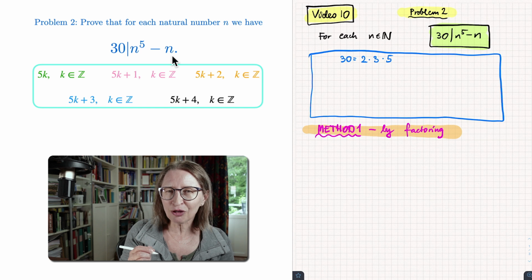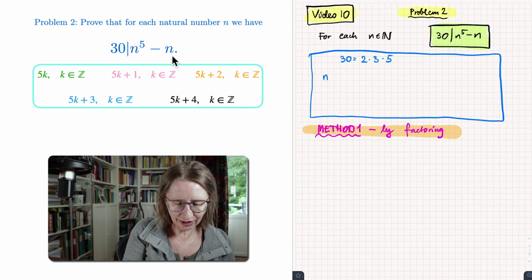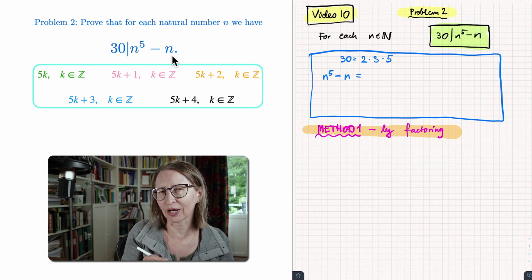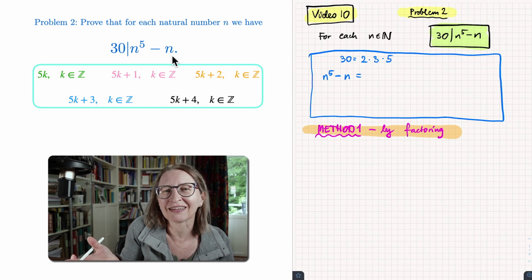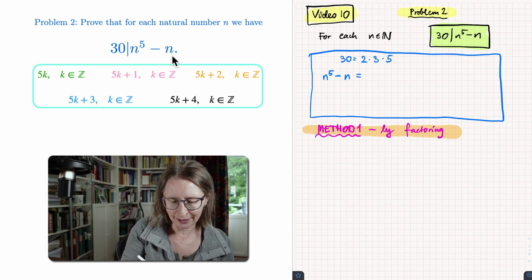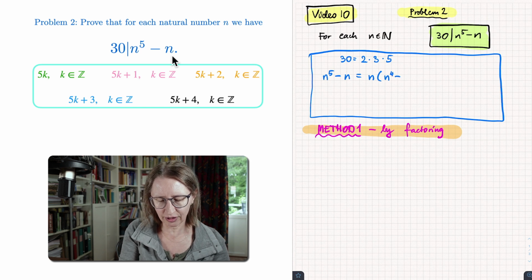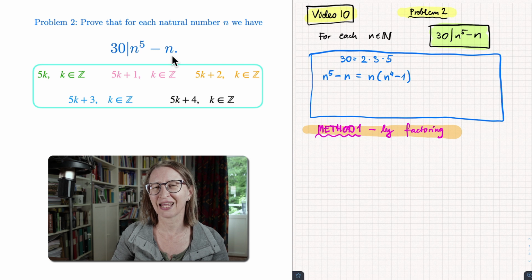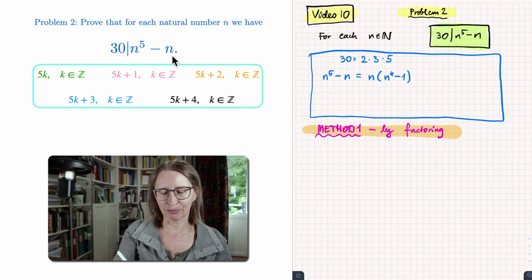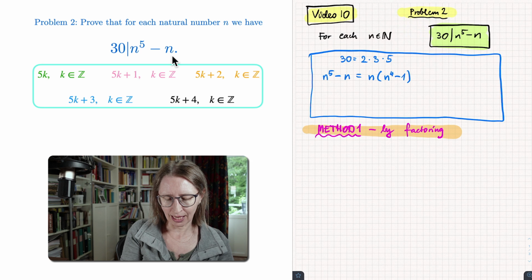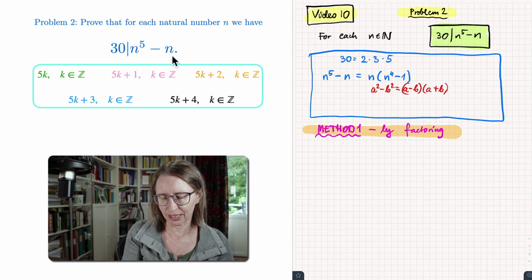I will start by factoring n to the fifth minus n in the following way. First I factor out n. I don't have much choice, this is the only thing I can do. In the parentheses I then have n to the fourth minus 1. Now I can apply my favorite formula: a squared minus b squared is equal to a minus b times a plus b.